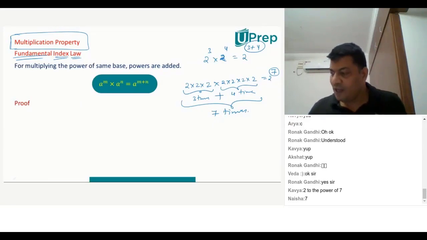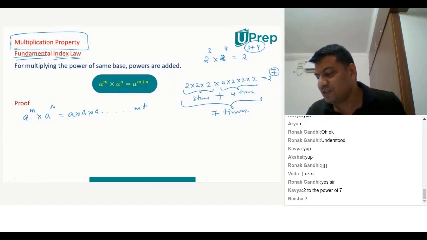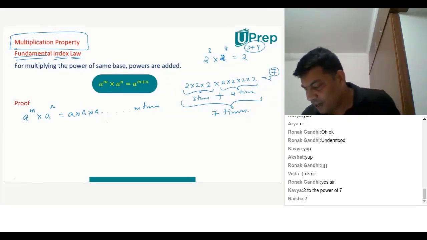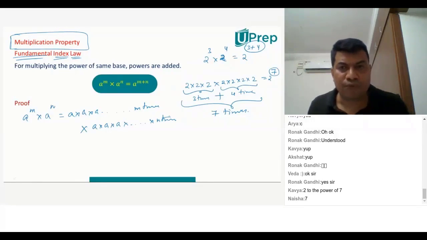So in short, if you want to prove this as a theorem, it's very simple. A power m into a power n is what we need to calculate. What do you mean by a power m? A into a multiplied m times. That multiplied with a into a and so on, n times. I'm just trying to teach you the proof logically.